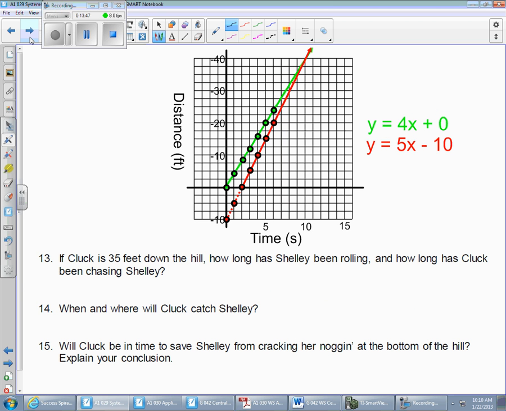Number 13, if Cluck is 35 feet down the hill, how long has Shelley been rolling, and how long has Cluck been chasing Shelley? Well, that's kind of an interesting question. They've got several things for us to look at. Okay, so Cluck. All right, well, here's Cluck. And they say she is 35 feet down the hill.